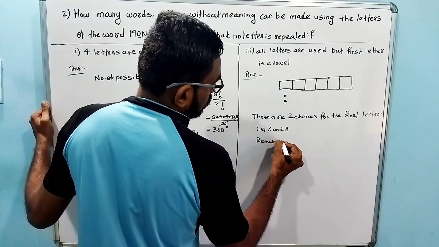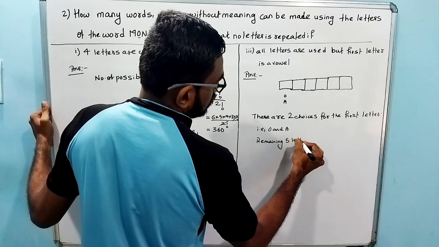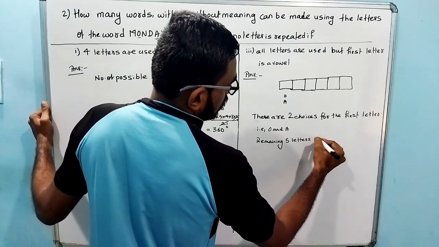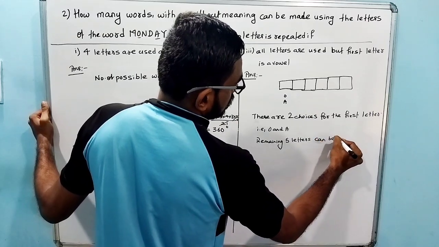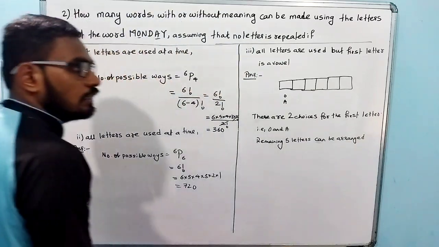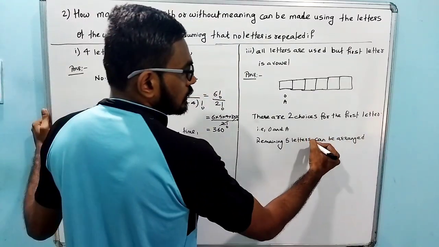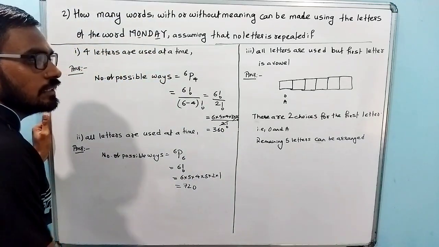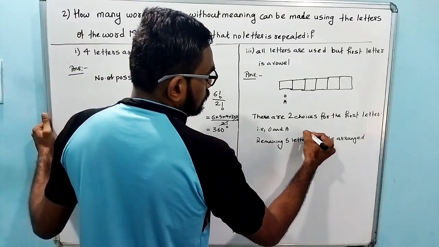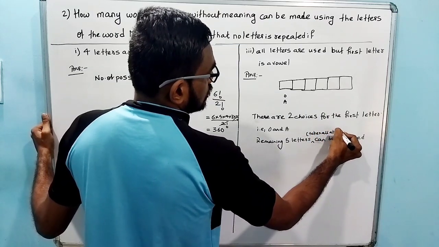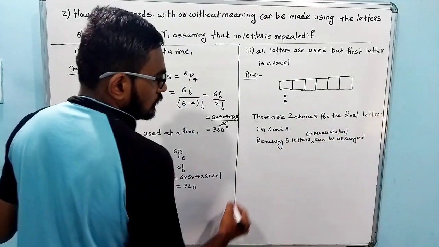Remaining 5 letters can be arranged. Okay, in how many ways? Remaining 5 letters taken all at a time. Okay, we are taking this all at a time. Remaining 5 letters taken all at a time can be arranged in how many ways?